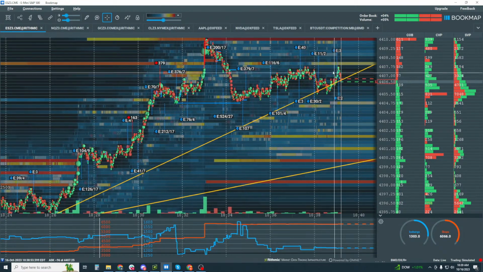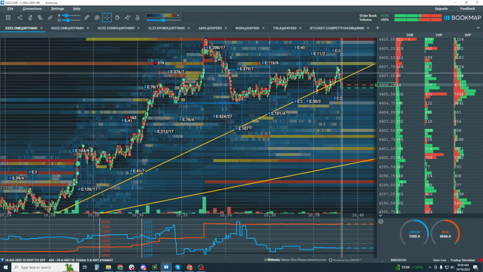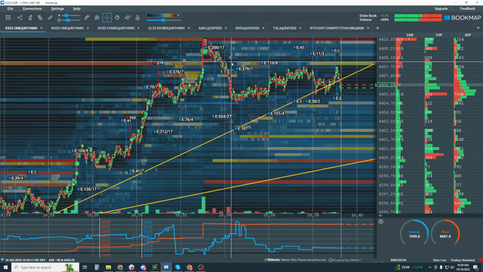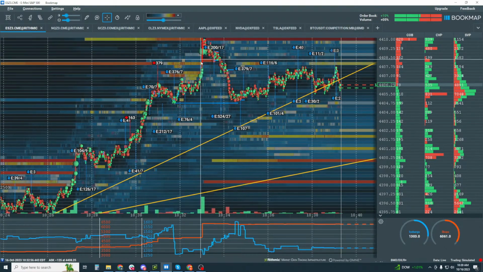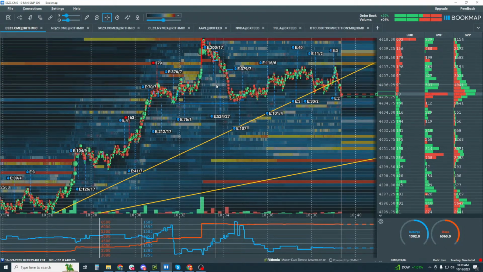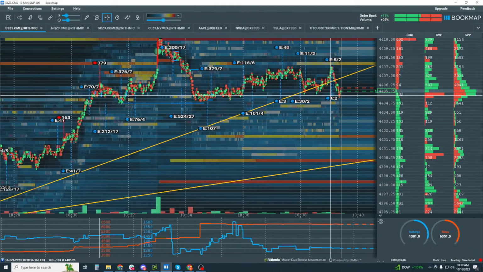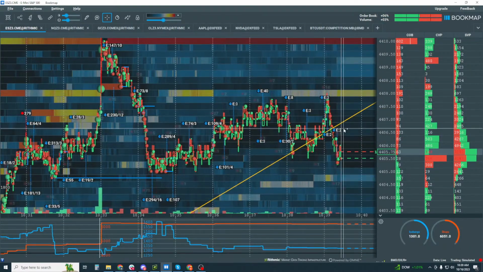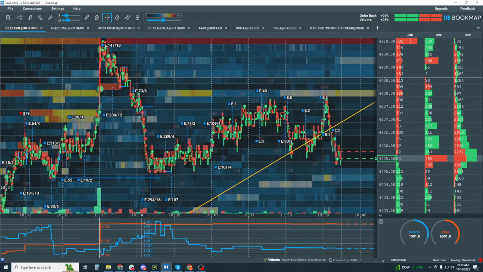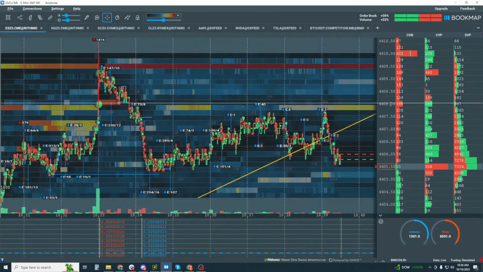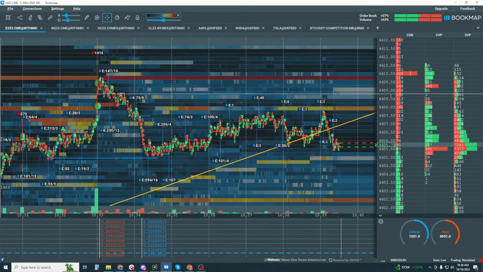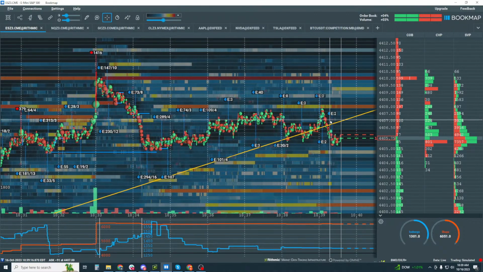Not really either. All of this activity in here is not much after that stop run, that huge stop run, for that commitment from one side or the other. Anyway, we'll leave it at that and we'll come back and take a look. We'll go through a couple of scenarios to see what might unfold here.